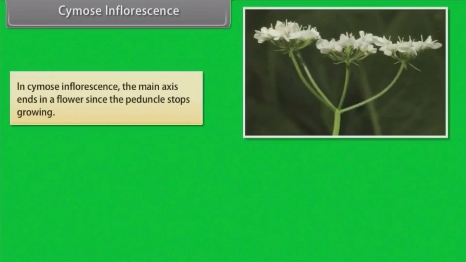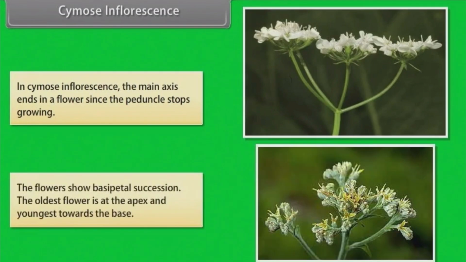Cymose inflorescence. In Cymose inflorescence, the main axis ends in a flower since the peduncle stops growing. The flowers show basipetal succession. The oldest flower is at the apex and the youngest towards the base.